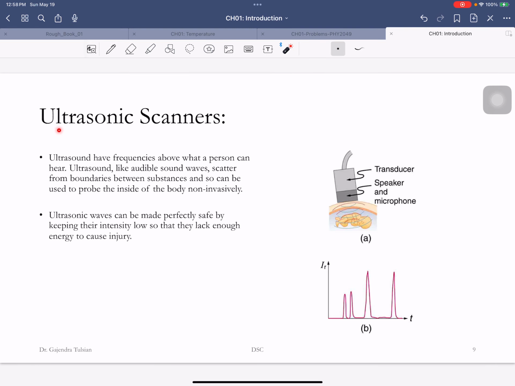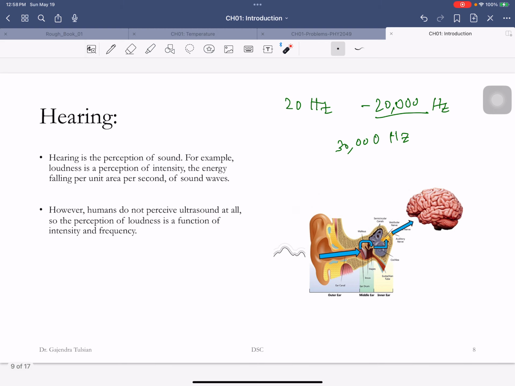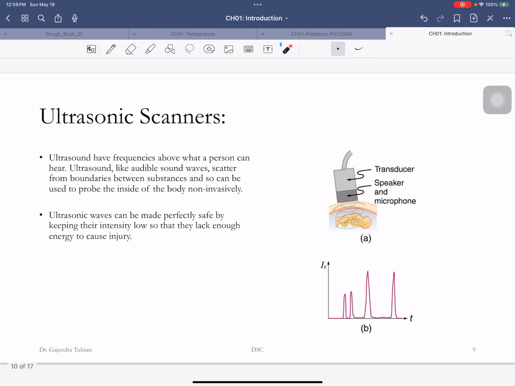So we use ultrasounds, sounds of frequency higher than 20,000 hertz, in scanners. All waves reflect. So here's an ultrasound scanner. It's a transducer. What a transducer means is it transmits ultrasound waves, and it can detect them as well.